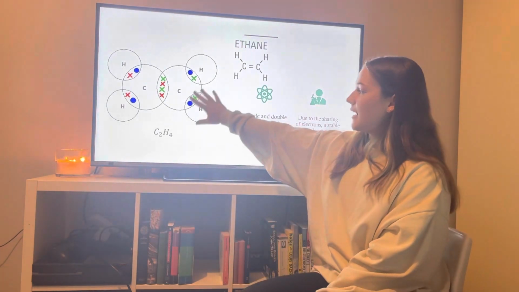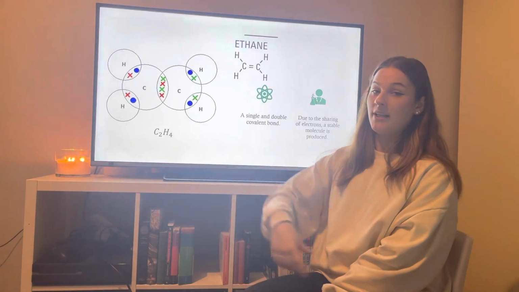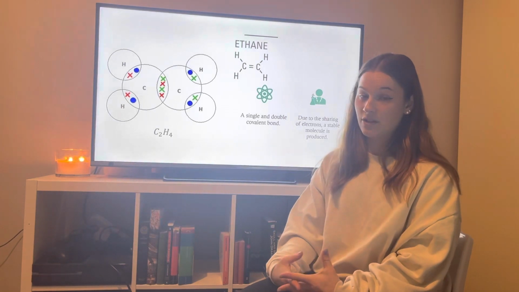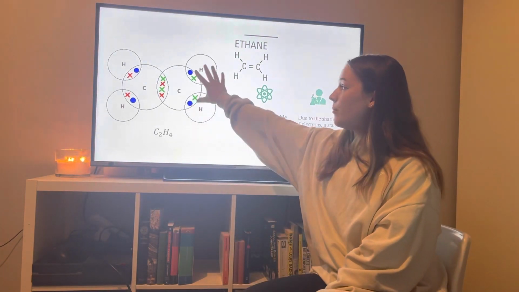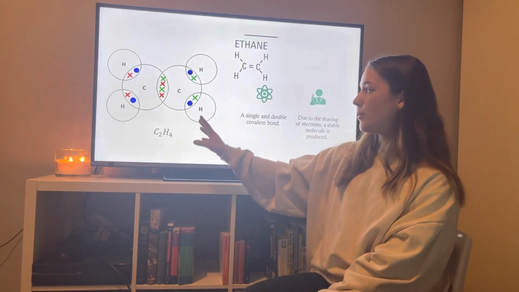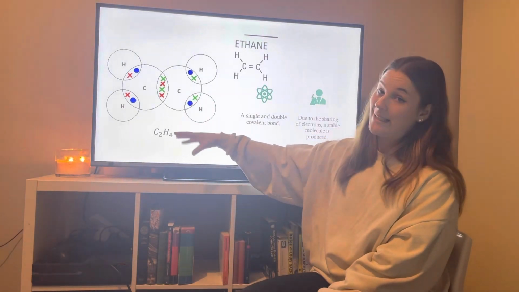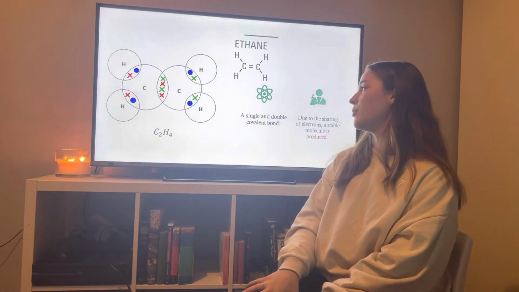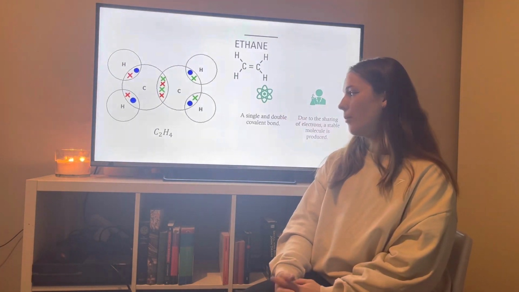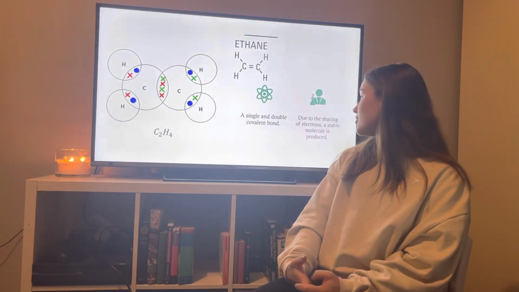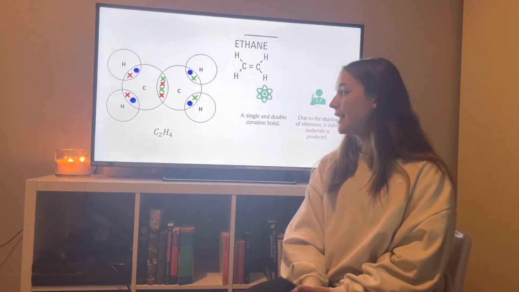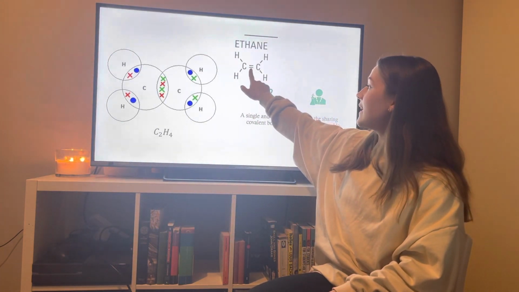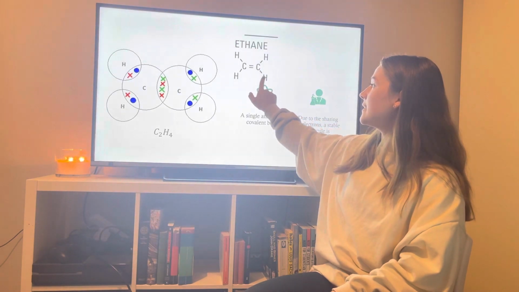As discussed earlier, hydrogen, due to it only having 1 electron normally, and it being in the first shell, only needs 2 electrons to become a full shell, which is gained by becoming covalently bonded, whereas carbon, this is its second shell, so it needs 8 electrons in its outer shell, which now it has obtained by becoming covalently bonded with 2 hydrogens and 1 carbon. Due to the sharing of electrons, all of these atoms are now stable. And you can see here the signs that show this is a double covalent bond, these are single covalent bonds.